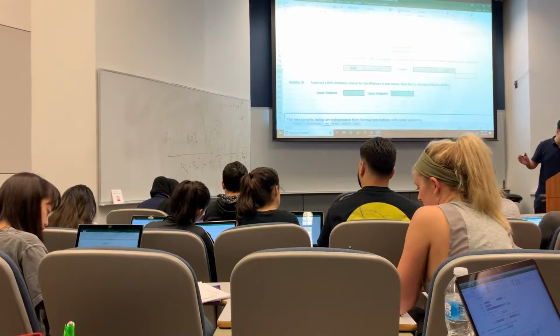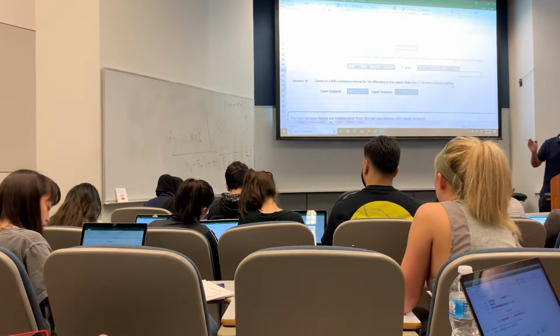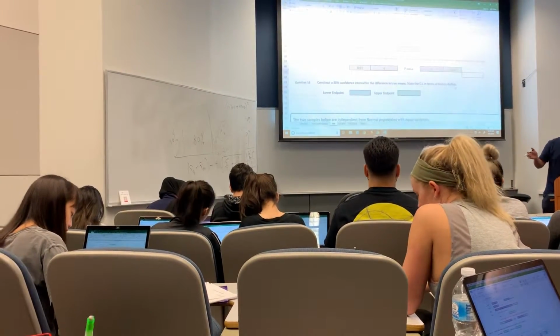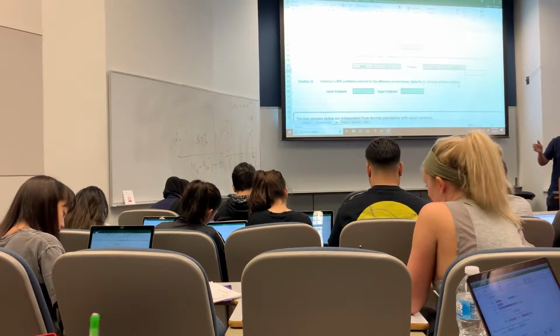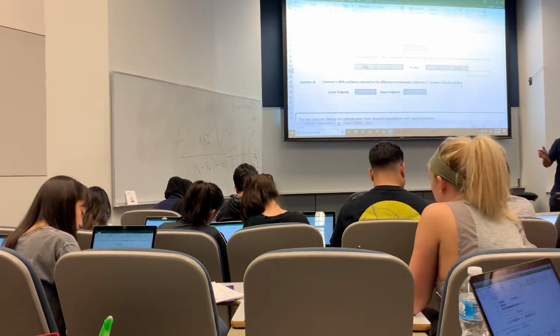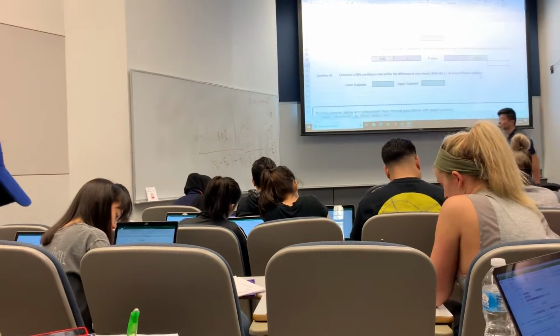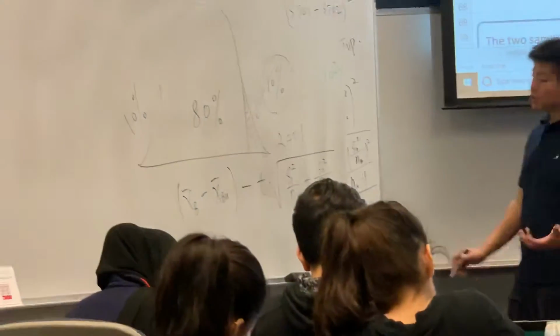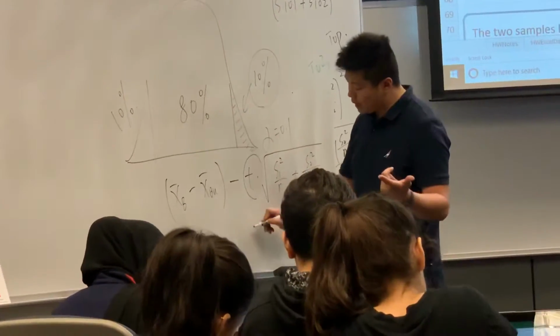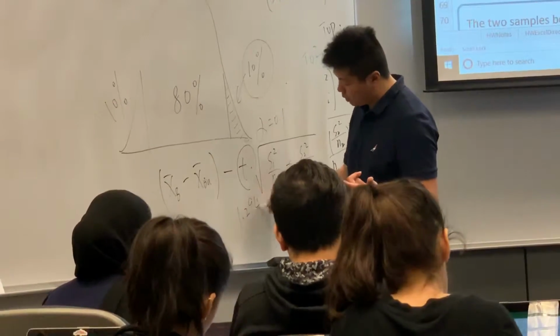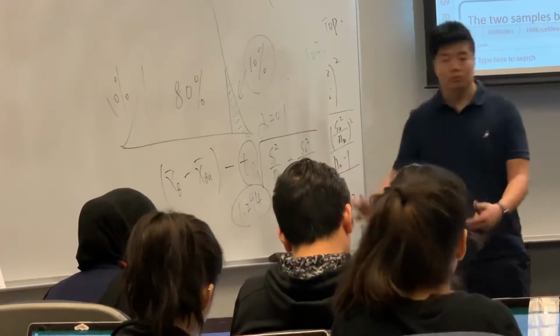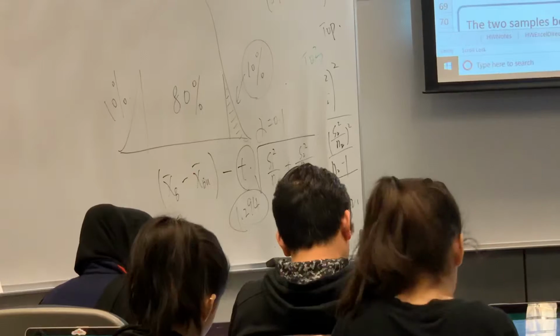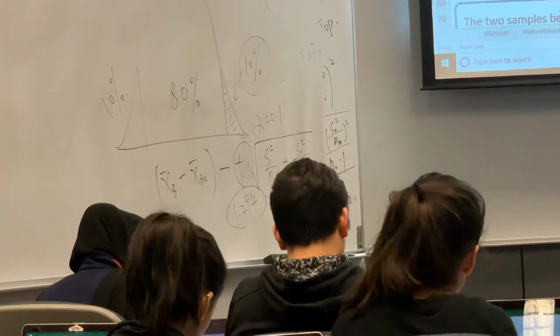So I go to row 74. What is the t value with a probability of 0.1? That is 1.293. Row 74, 0.1 gives you 1.293.